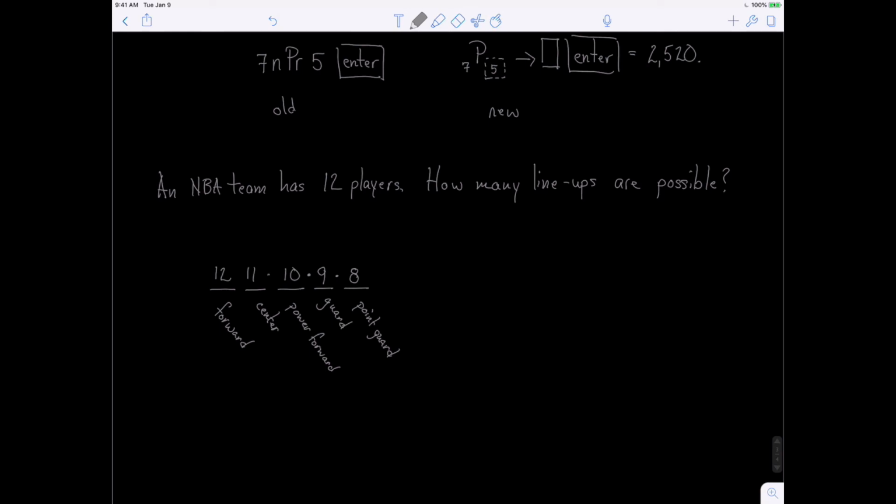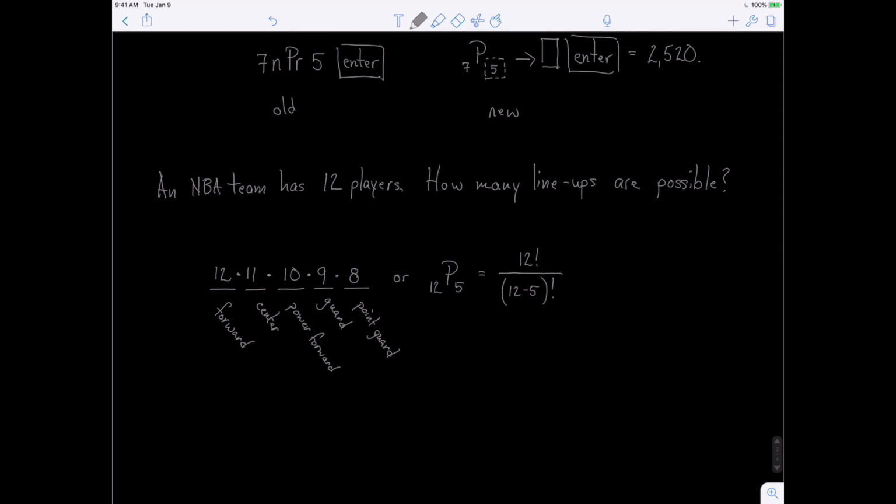And again, we would multiply this result up. Or the other way is, you could say of the 12 players, we want to permute 5 different players. If you do it by hand, you'd have 12 factorial divided by 12 minus 5 factorial.